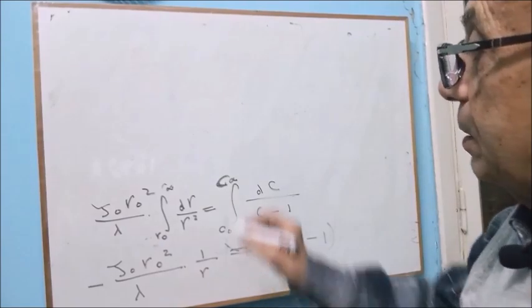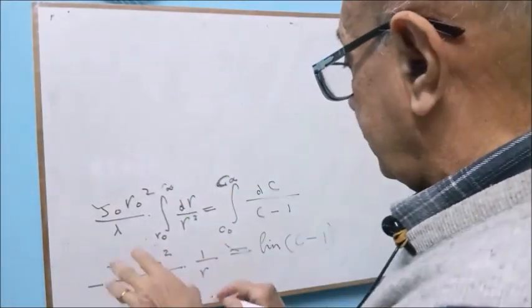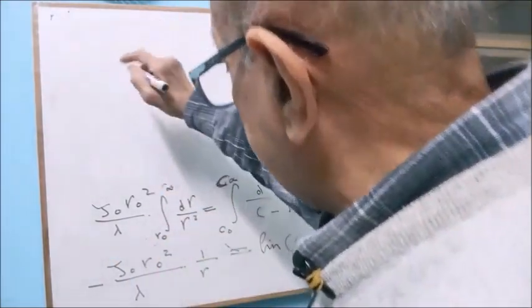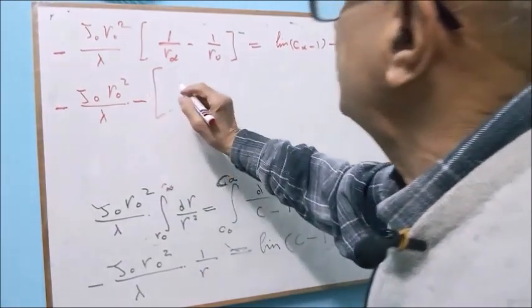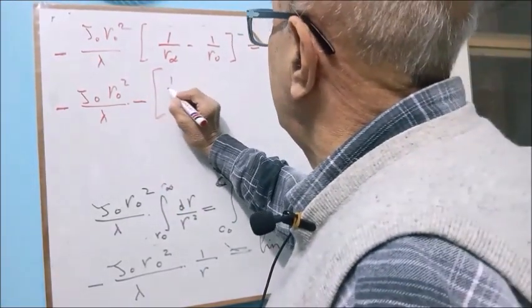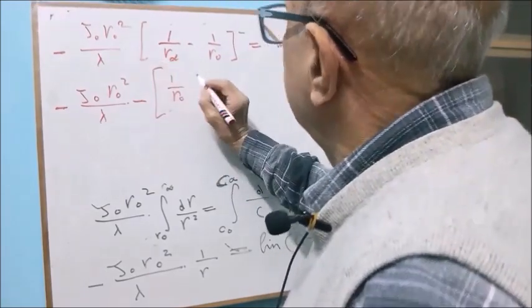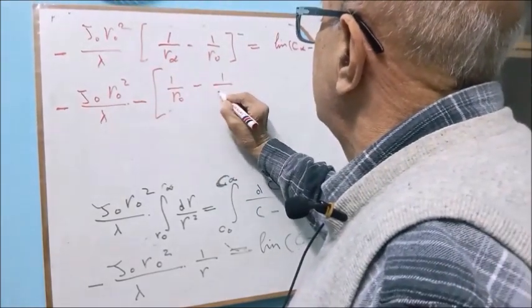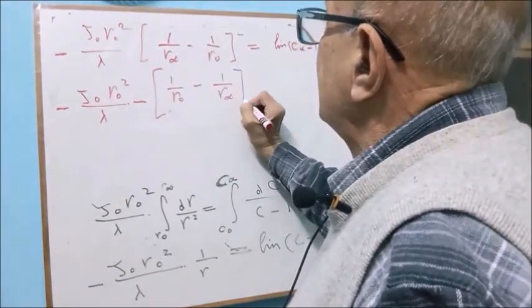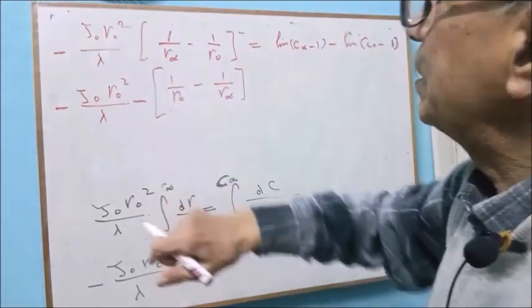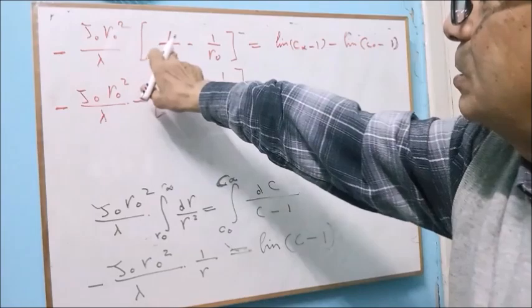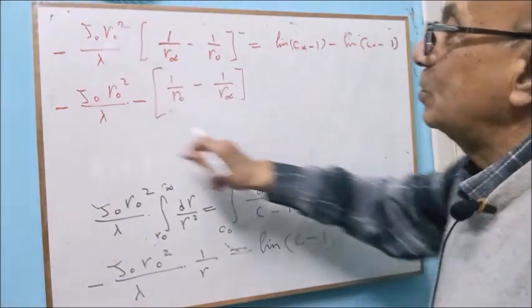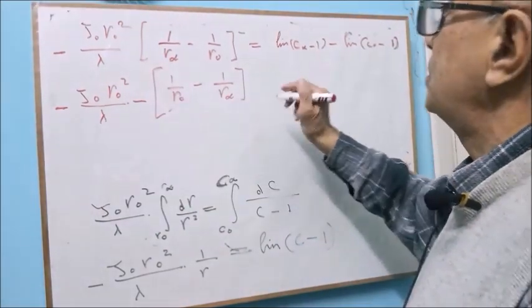So simple. Here we substitute the upper limit minus the lower limit. We'll take the minus as a common factor, so we'll have 1 over R0 minus 1 over R infinity. We have taken the minus common factor, so minus minus is positive. So this quantity as a whole now becomes positive.